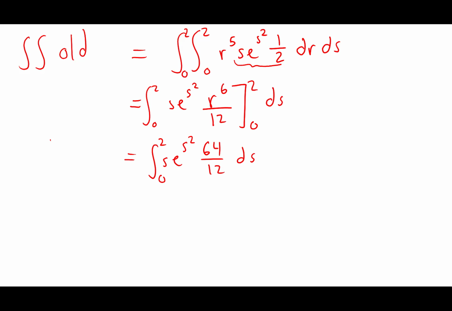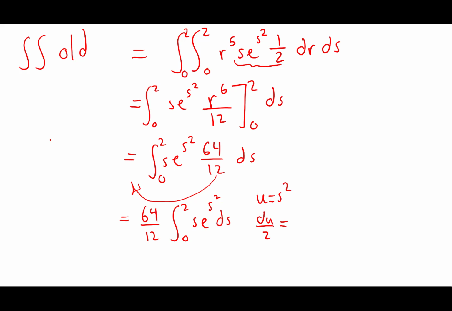Okay, let's pull out this constant. So we'll get 64 over 12 times the integral from 0 to 2, s e to the s squared ds. Let's use a little bit of u substitution there. Let's let u be s squared, then du over 2 is equal to s ds.